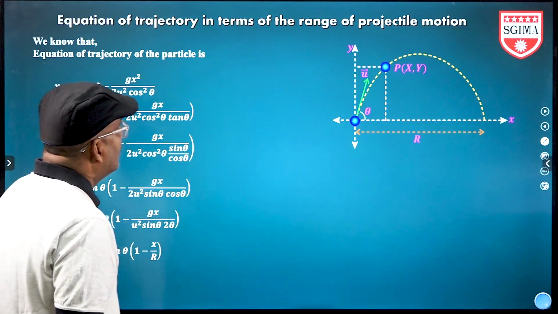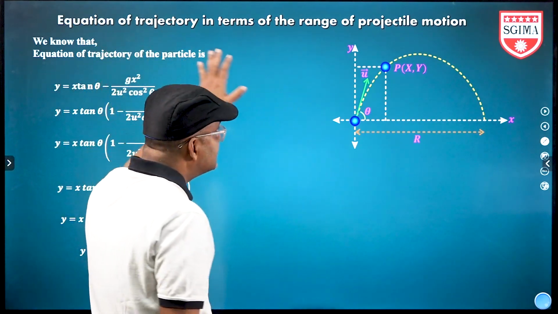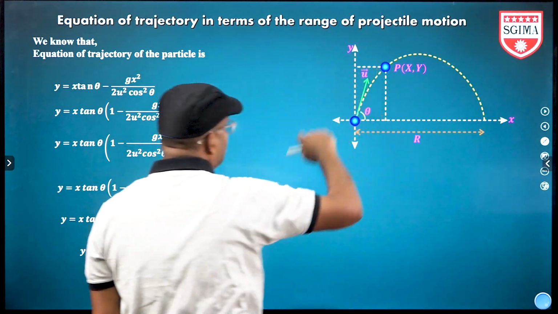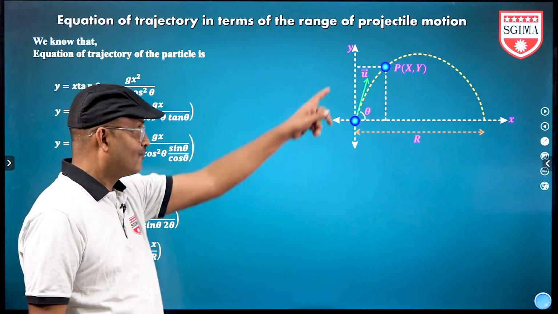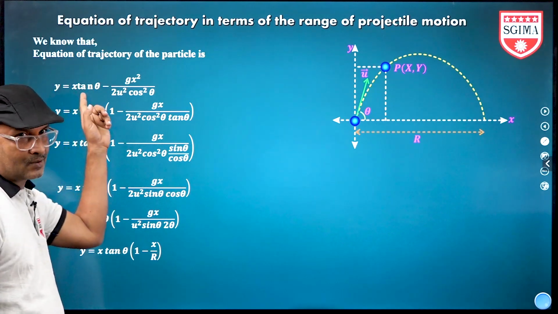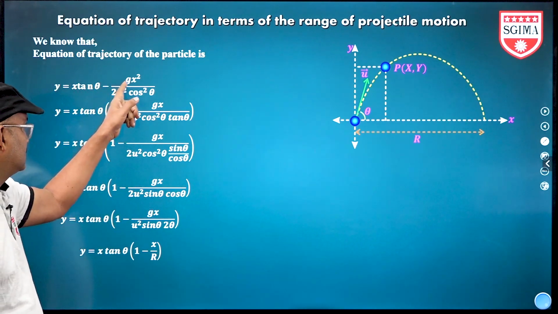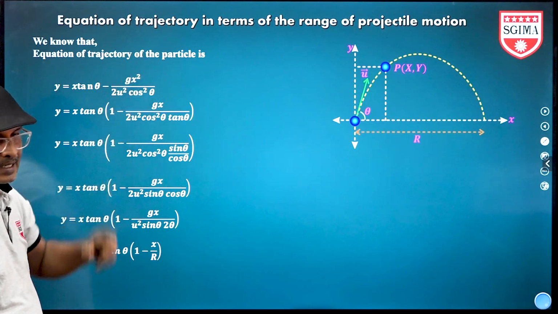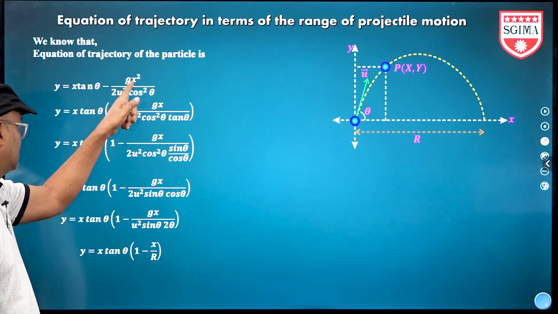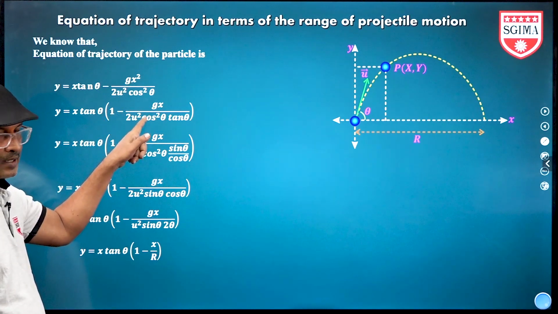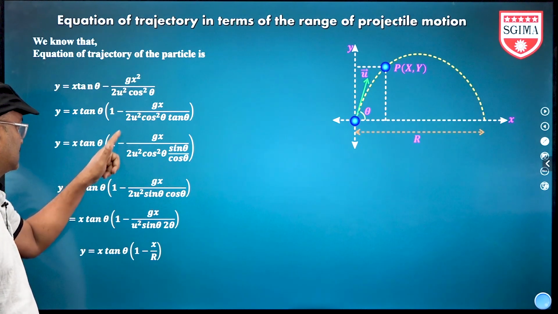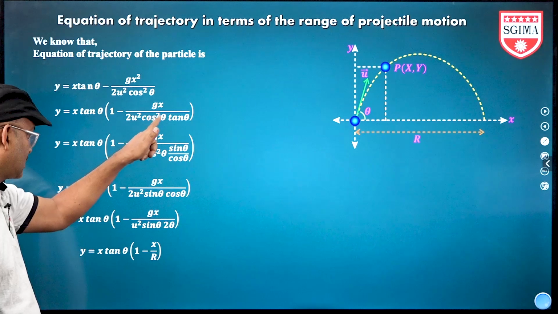So, now I have to express this equation of the trajectory in terms of the range of projectile motion. I have already derived y is equal to x tan theta minus gx square by 2u square cos square theta. So, taking x tan theta common, y is equal to x tan theta into 1 minus gx by 2u square cos square theta tan theta.